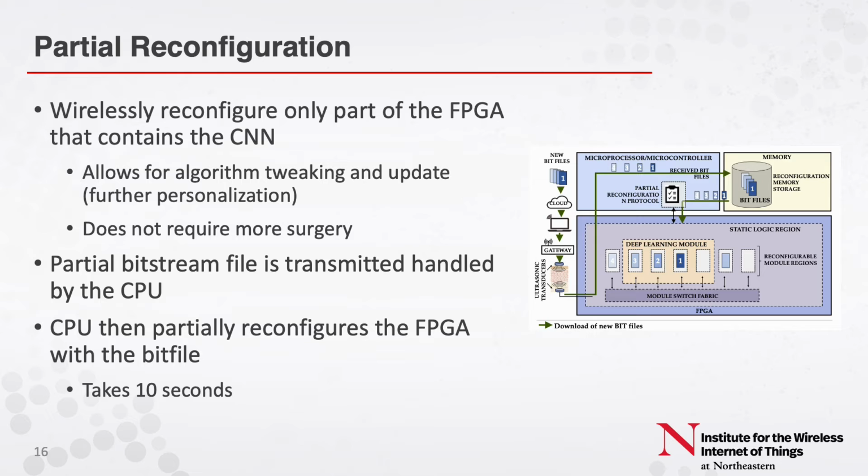This is known as partial reconfiguration, where essentially the FPGA has a static logic region, as seen right here, and a reconfigurable region, as seen right here. The idea is that we wirelessly send a partial bitstream file to the transmitter, which the CPU then handles and uses to reconfigure only part of the FPGA, the reconfigurable region, while leaving the static region completely untouched.